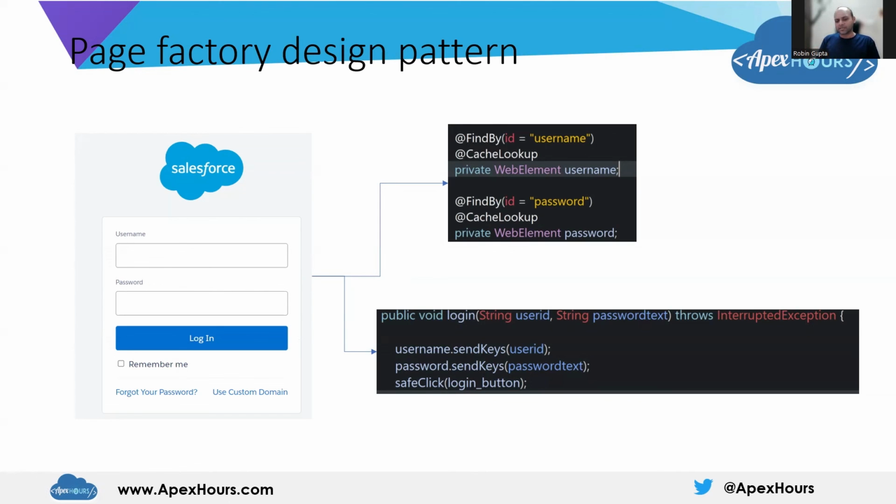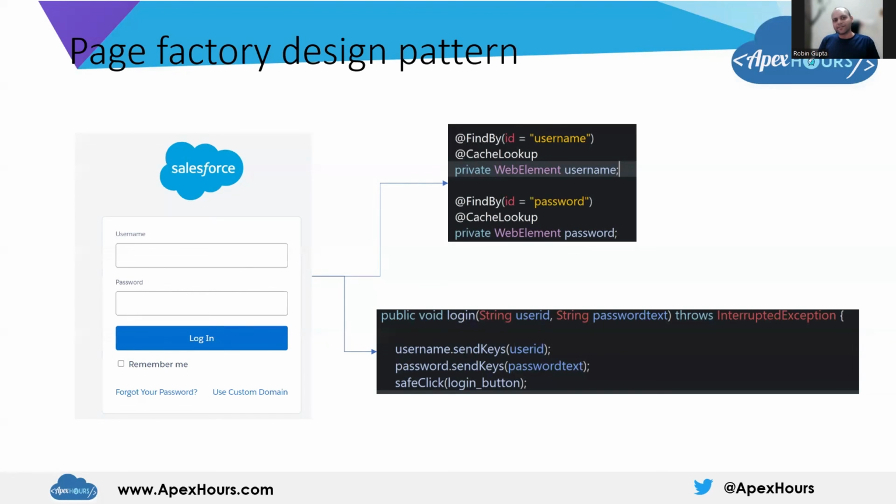But why should we do this? Isn't it making it very complicated? Interestingly, the page factory design pattern, just like a factory manufactures multiple instances of the same design, similarly, the page factory helps us reuse the same code across our test cases. Imagine we had 100 test cases on our Salesforce instance, and all of them would begin with the same starting point of logging in into Salesforce.